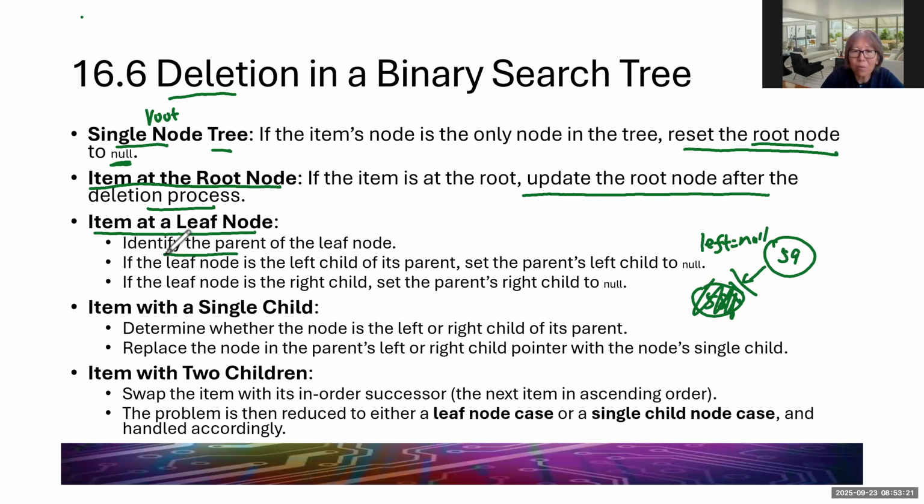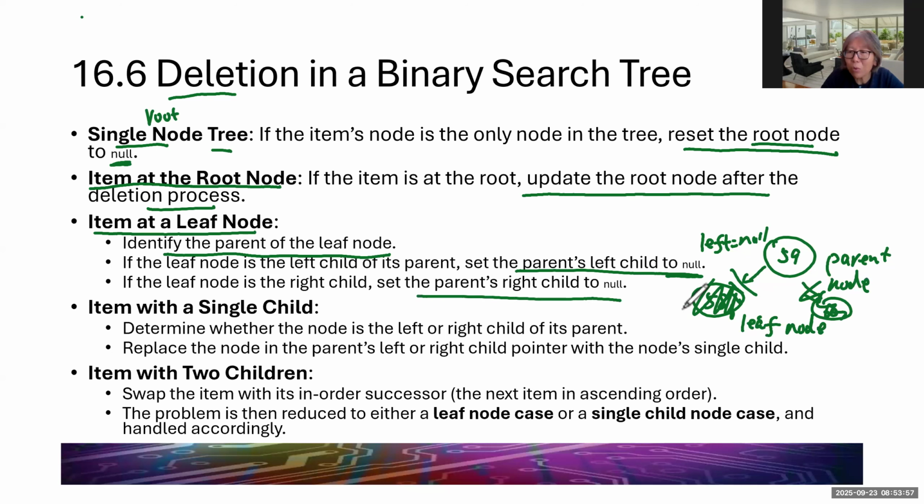So you identify the parent node of this leaf node, and the parent node's left you need to set to null. Similarly, suppose here is 60, and if you want to delete it, then you need to set the parent's right to null. So we need to do this for the leaf node case.